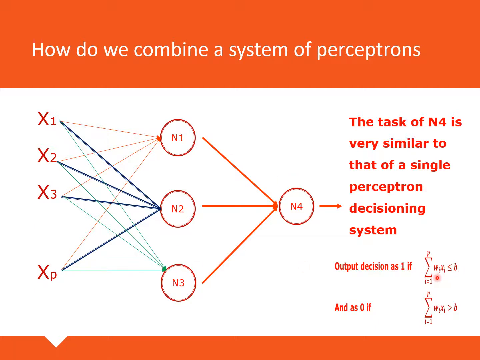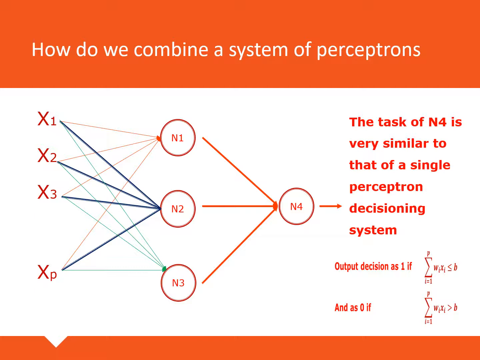And obviously there are some weights involved, the W's and the B's, which are another new set of weights, right? And N4 actually gives us the final decision. So that is how this entire thing is set up.